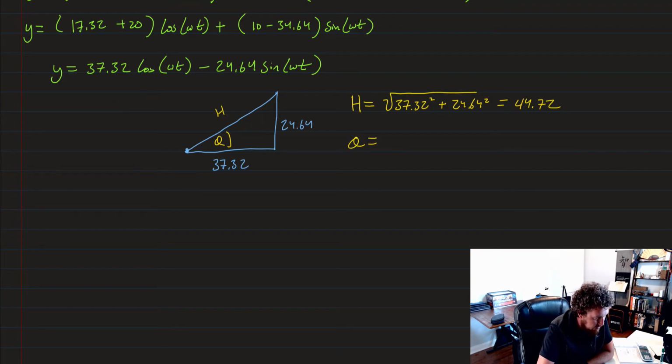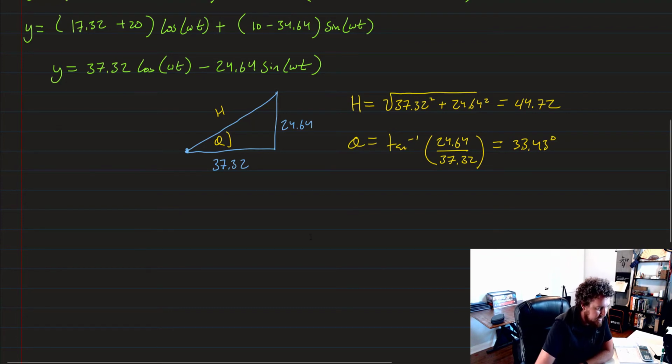And then that angle, we can just go ahead and do the inverse tangent of 24.64 over 37.32. That gets us 33.43 degrees.